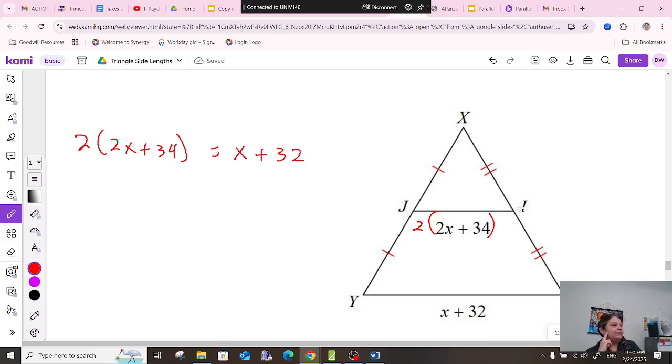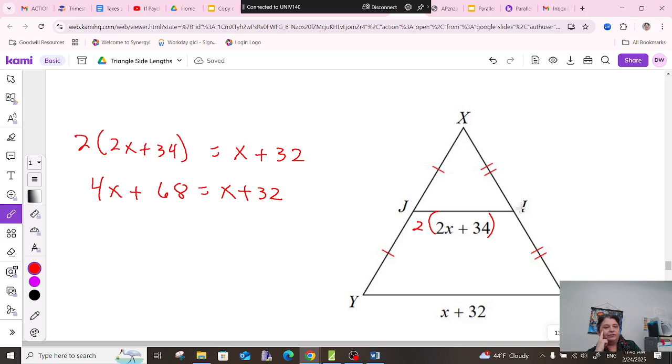Just like when we did midpoints on our tests, sometimes I have to double things and set it equal to the opposite. So I had to double this midsegment and set it equal to the opposite side. 2 times 2x is 4x plus 68 is equal to x plus 32.